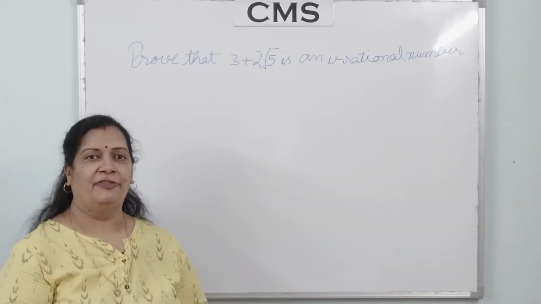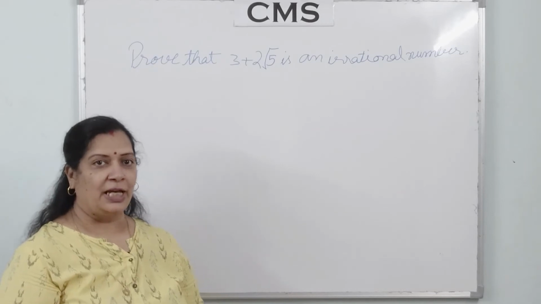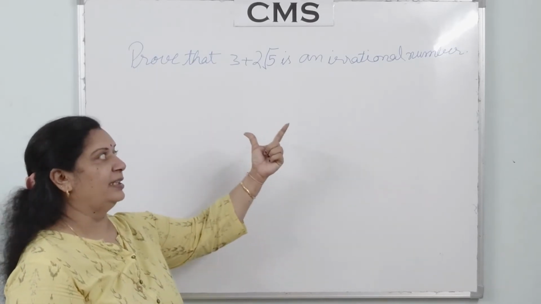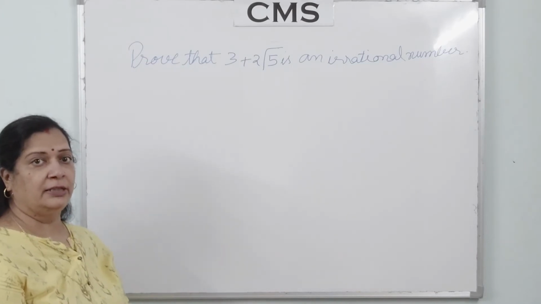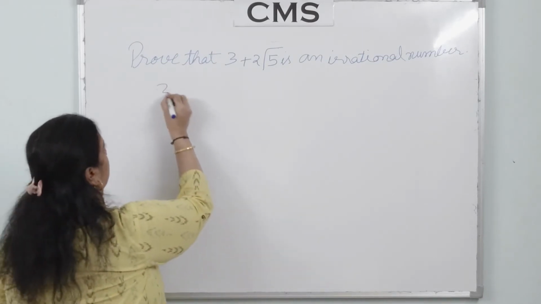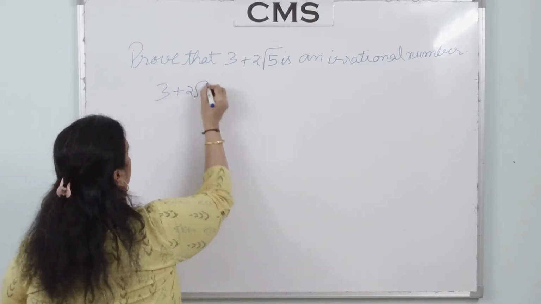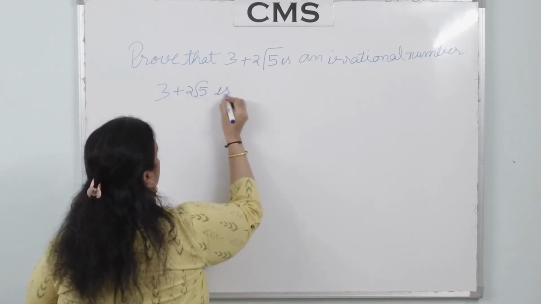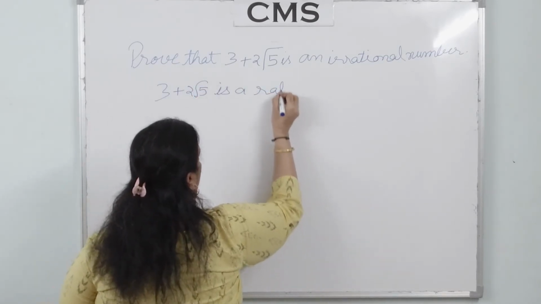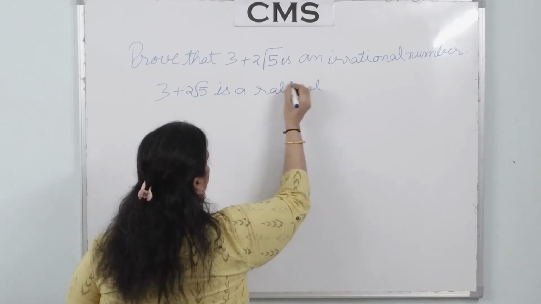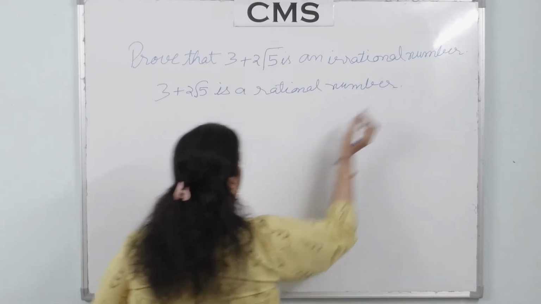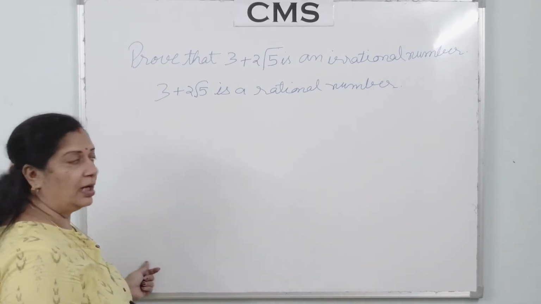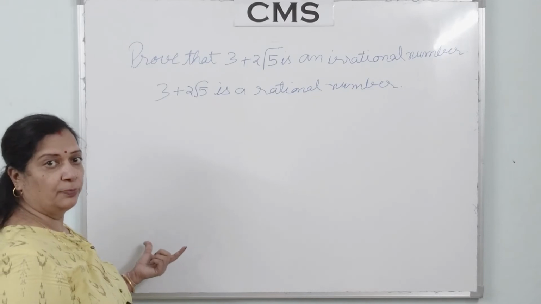Question number 2 of exercise 1.3 is: prove that 3 plus 2 root 5 is an irrational number. On the contrary, we assume that 3 plus 2 root 5 is a rational number, and that A and B are co-prime numbers.